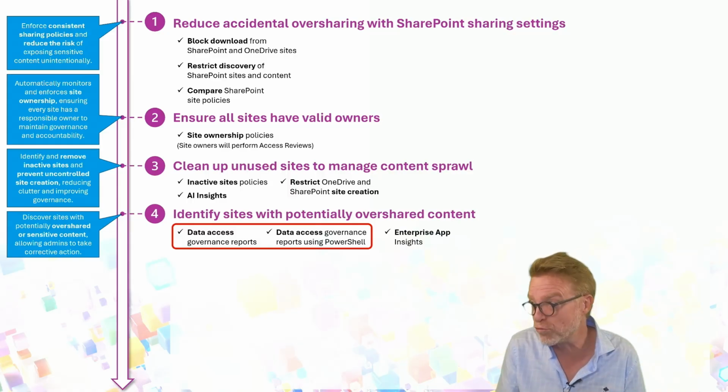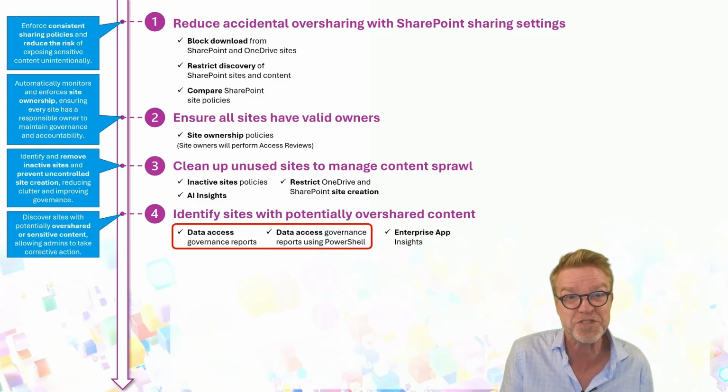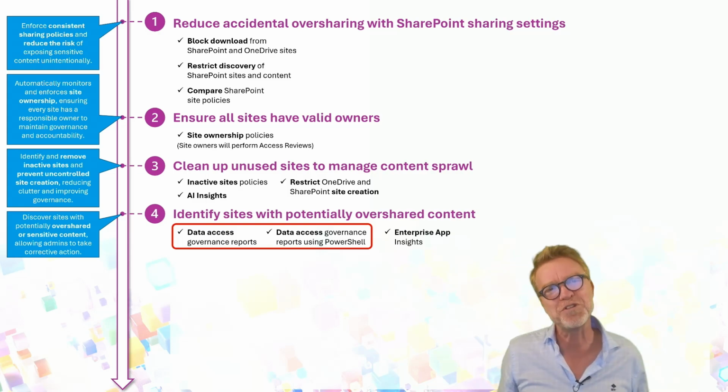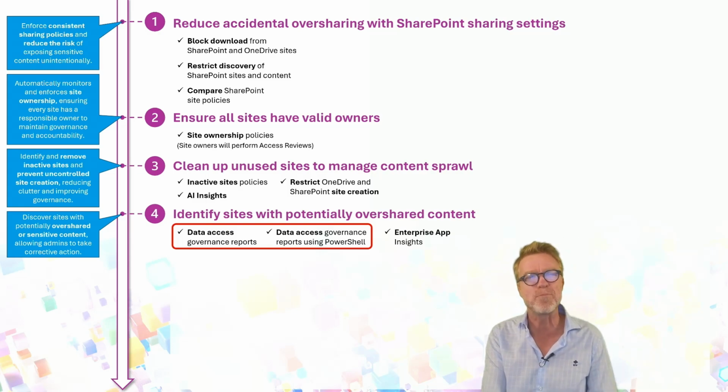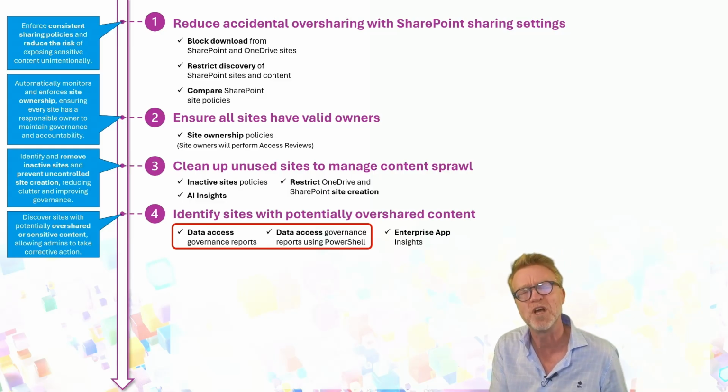It helps you to take action where action is most urgently necessary. So the data access governance reports are a very important component, probably the most important component, I think, of the SAM capabilities.